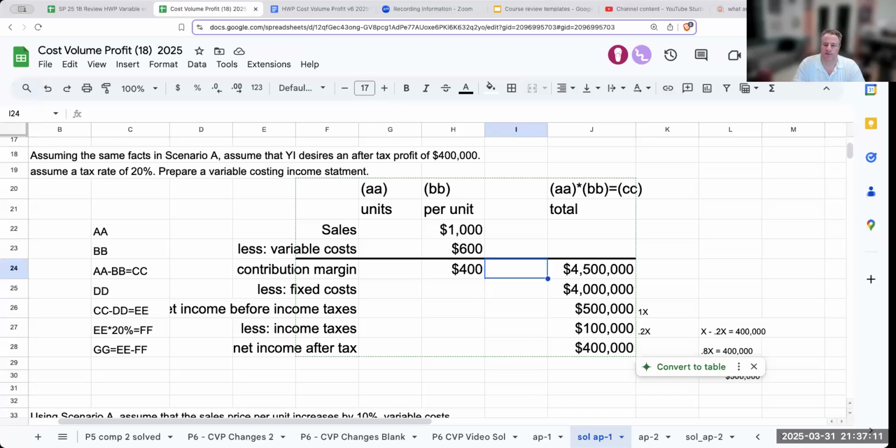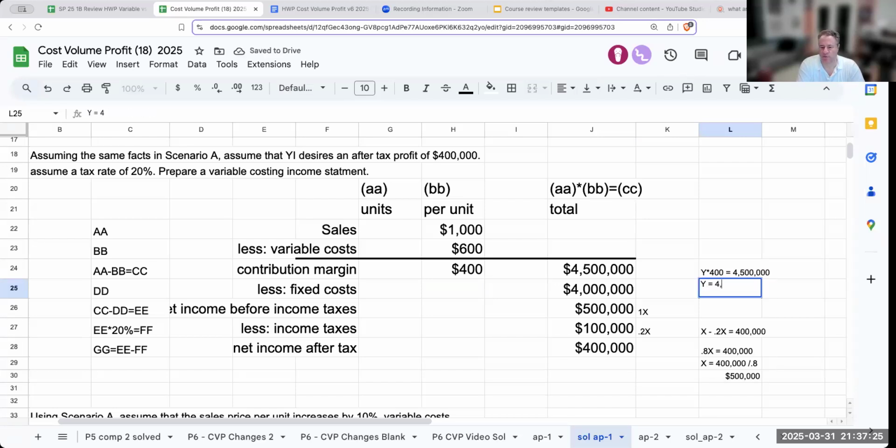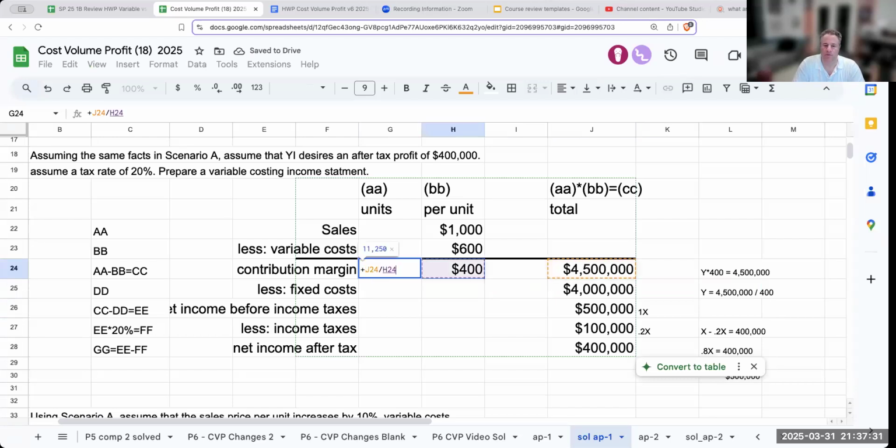So if I say Y times 400 equals 4.5 million, that must mean Y is equal to 4.5 million divided by 400, so I must have sold 11,250 units.